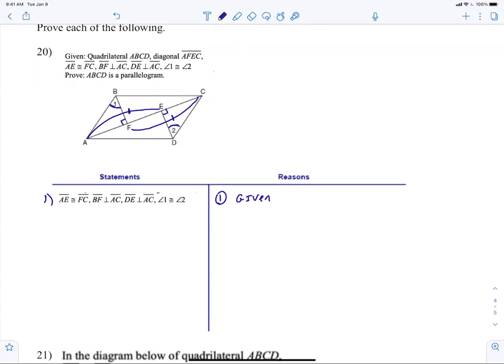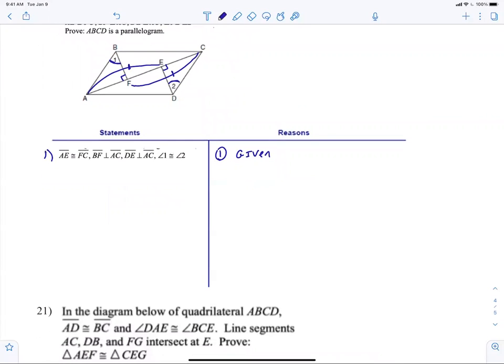Yes. Couldn't we do the segment addition postulate, like FE plus EC equals FC? So tell me what we're trying to do. We're trying to prove ABCD is a parallelogram. Okay, I definitely like what you just said. So tell me what you want to say. FE plus EC equals FC.